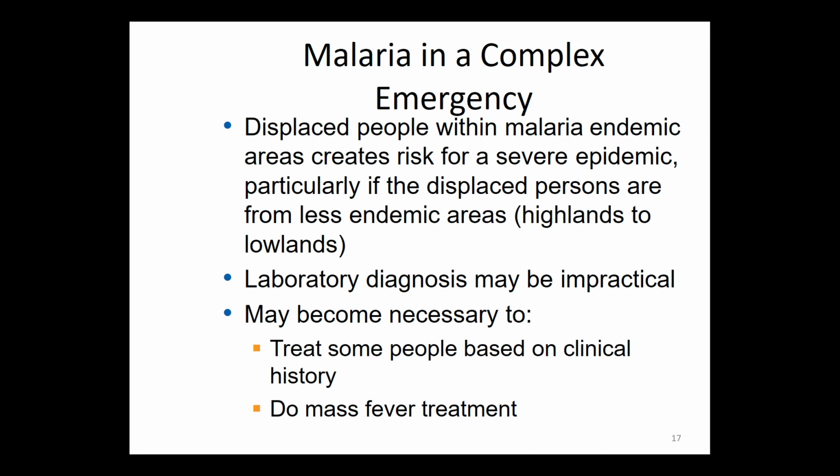Malaria and complex emergencies. Displaced people within malaria endemic areas create a risk for a severe epidemic, particularly if the displaced persons are from a less endemic area, highlands to lowlands. Laboratory diagnosis may be impractical and it may become necessary to treat some people based on clinical history and do mass fever treatment.